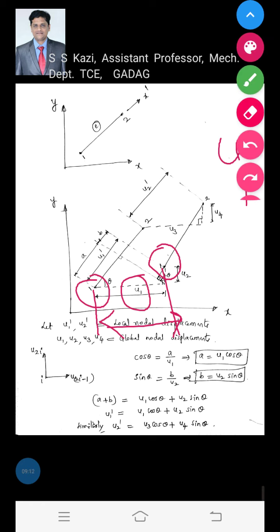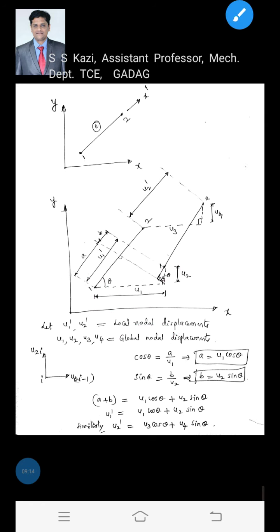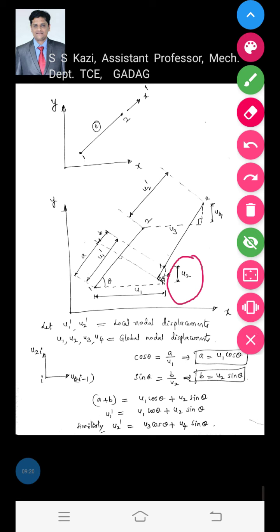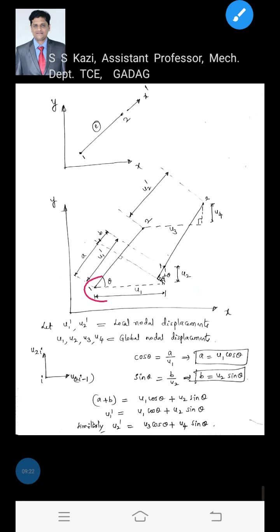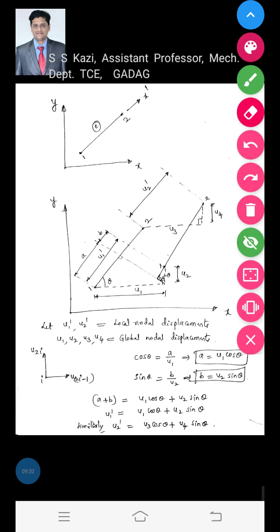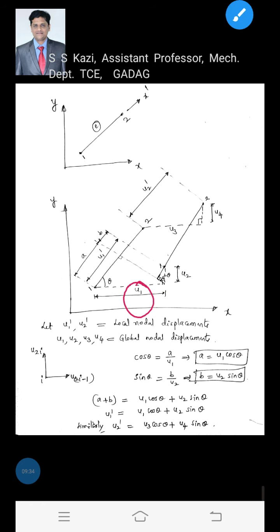One more global displacement we have is u2, in the y direction: we measure how much node 1 is displaced in the y direction. So u1 is the x component of displacement at node 1 and u2 is the y component of displacement at node 1. These are the global displacements.